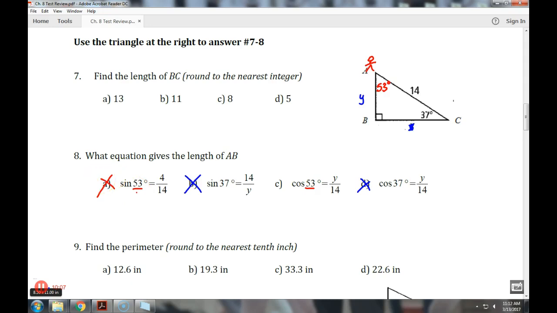I believe it's going to be this one. When I look at C, the cosine when standing on 53 degrees would be adjacent over hypotenuse. Cosine is CAH. And this is the adjacent, this is the hypotenuse. So that would allow me to find AB. That one was worded kind of weird, but we did see that in a standardized test, so we thought we would present it in that way so that you wouldn't be shocked the first time you see it on a real standardized test.